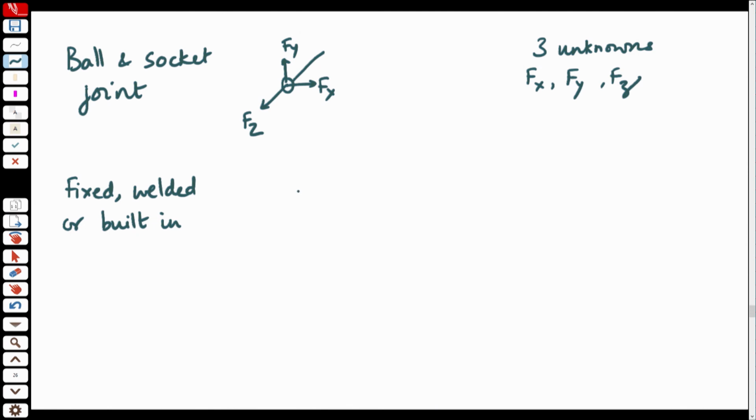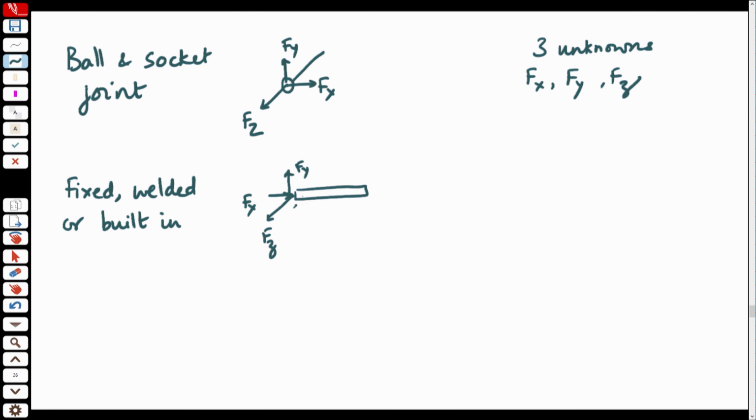If you were to model something like that, then you would use a fixed support, and you would also have 3 moments.